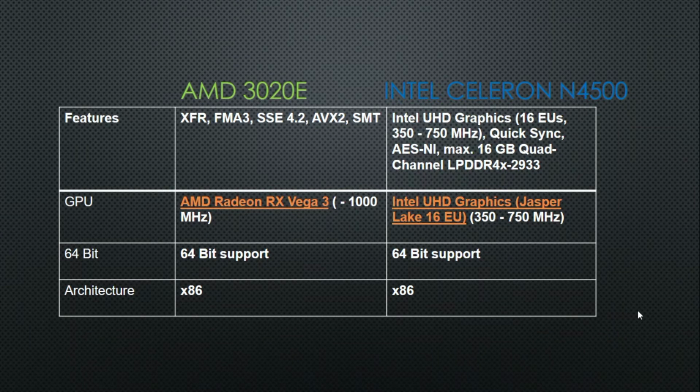For the GPU, the AMD 3020E has AMD Radeon RX Vega, ranging up to 1000 MHz, and the Intel Celeron N4500 has Intel UHD Graphics from Jasper Lake with 16 EUs, ranging 350 to 750 MHz. For 64-bit, they have the same 64-bit support. For their architecture, they both are x86 family.